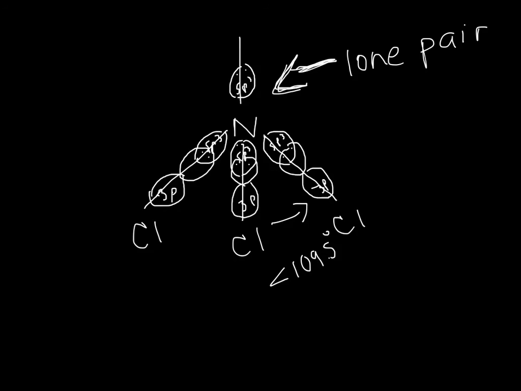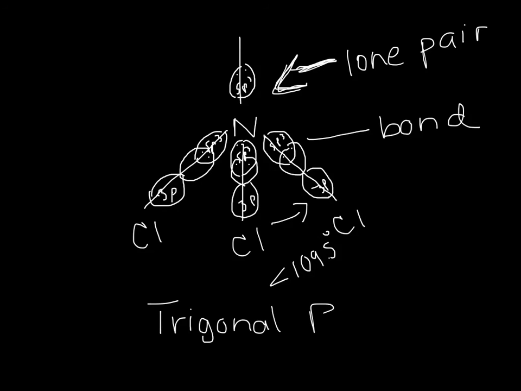And we already said that because of the lone pair, lone pair-bond pair repulsion is greater than the bond pair-bond pair repulsion. And this is going to be our bond. Again, this is trigonal pyramidal.